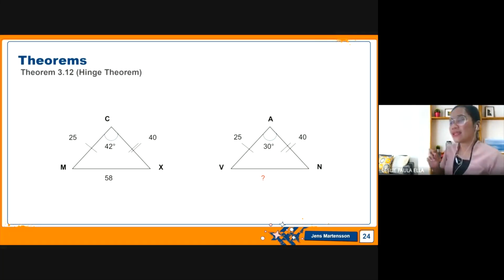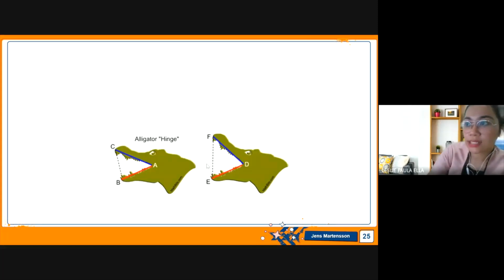The line VN is shorter than MX because its angle is 30 degrees. So the opening of this triangle is smaller than that of triangle CMX. That is what the Hinge Theorem is trying to tell us.